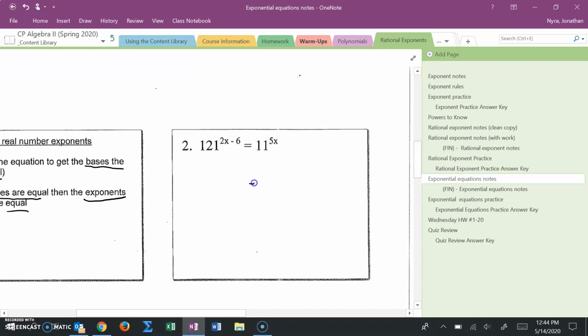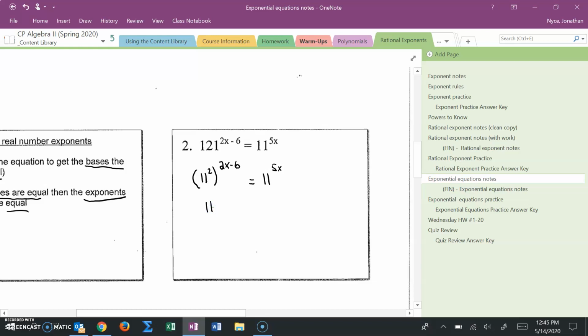We know 11 to the first power is 11, so we can keep that as 11 to the 5x. On the left-hand side, we know 121 is 11 squared, so we're simply going to rewrite 121 as 11 squared.